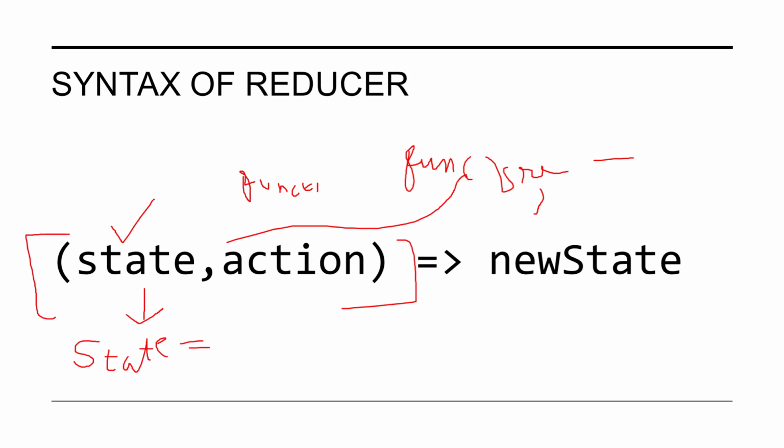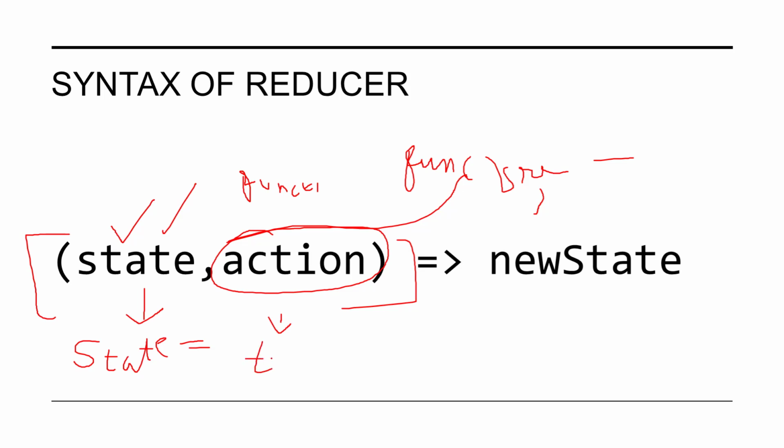So as initial state, if we change our state, then our initial state will also be like our previous state. That's why it takes the previous state first, then there is the action. In the action there are two parts. When we dispatch here, under the dispatch we provide the action. That action will contain two parts.